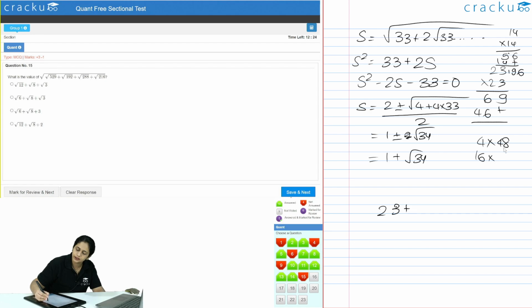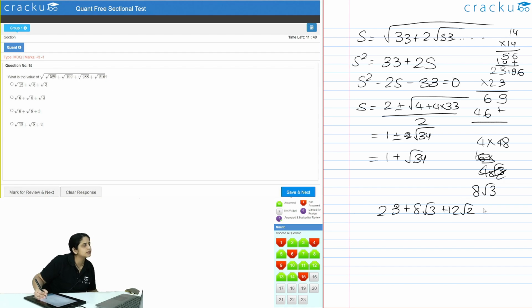The square root of this would be 4 times root 3. No, sorry, 8 times 3, so that would be 64 times 3. So this is 8 root 3 plus 144 root 2. So that is 12 root 2.